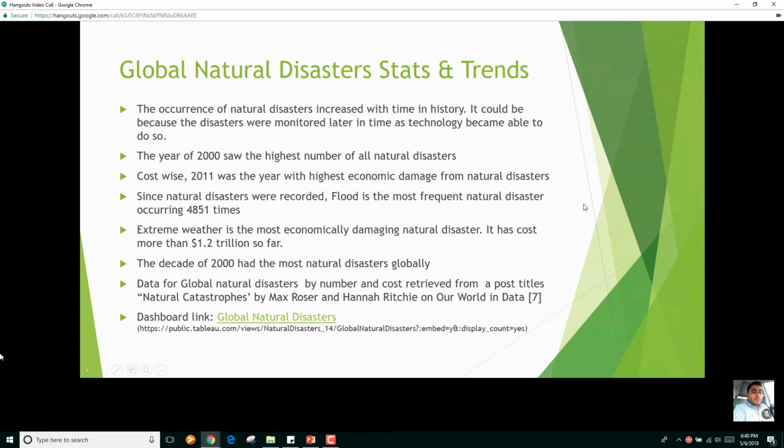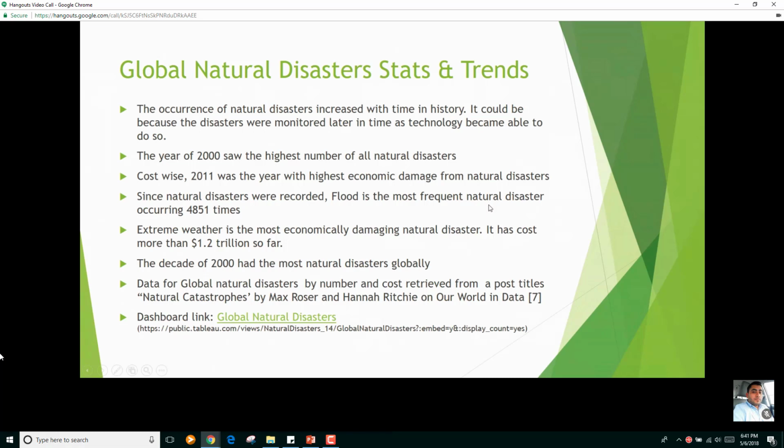So these are some conclusions, stats, and trends that I could come up with. The occurrence of natural disasters increased with time in history. It could be because disasters were monitored more later in time as technology became more able to do so, or maybe there were more human activities causing more natural disasters.